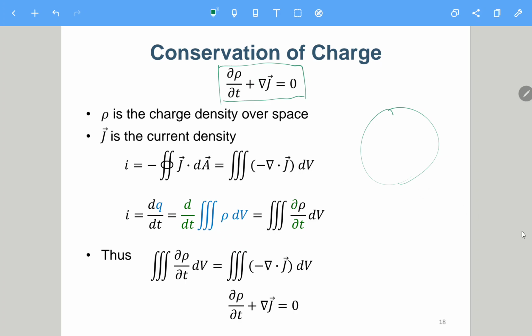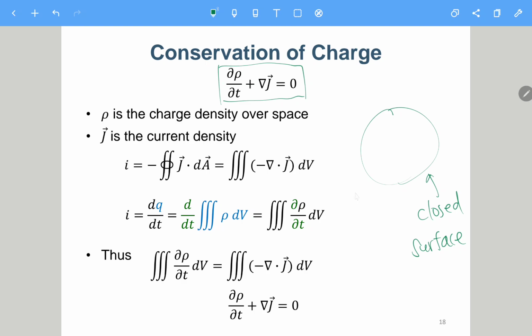Suppose we assume there is a closed surface. Actually we can try to define the current. The current will be the surface integral of the current density, but here we put a negative sign.